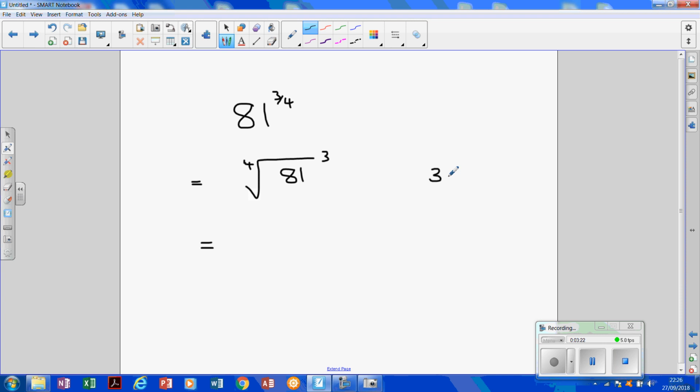It's got to be 3. 3 times 3, 3 3s are 9, 3 9s are 27, and 3 27s are 81. And again, with practice, you will get to know these. So it becomes 3 to the power of 3. 3 to the power of 3 is 3 multiplied by itself 3 times. 3 3s are 9, 3 9s are 27. So my final answer is 27.